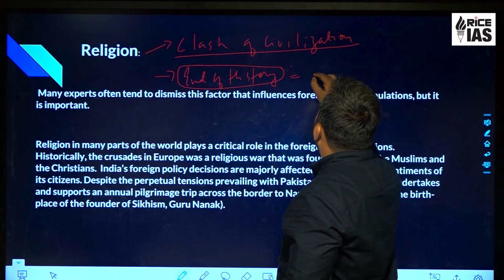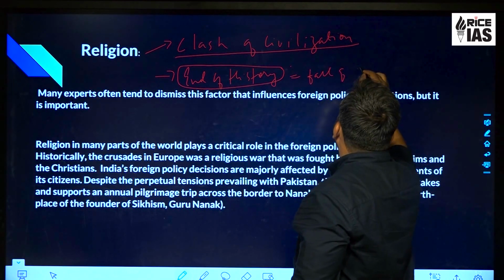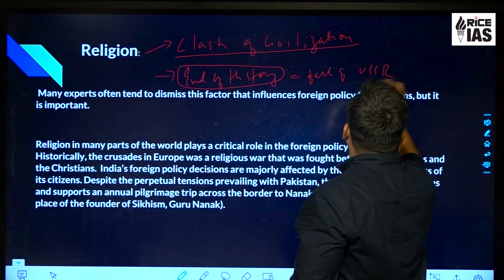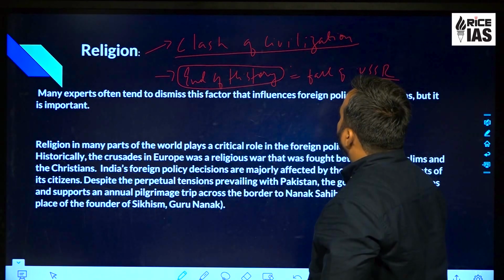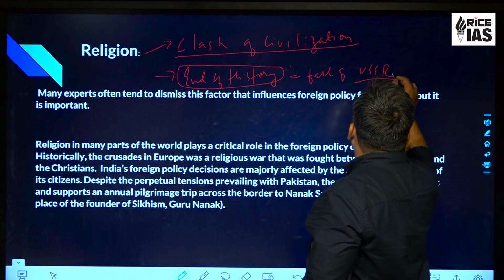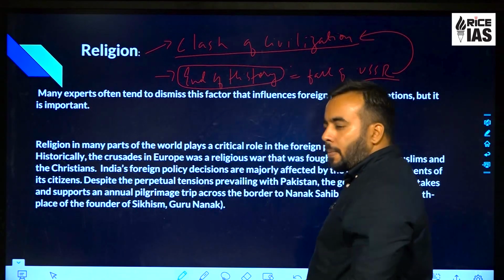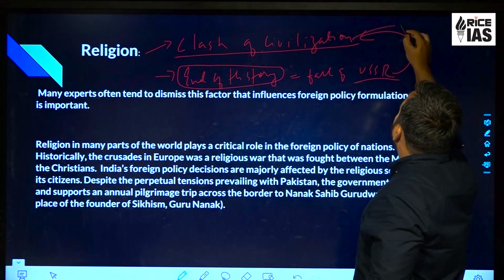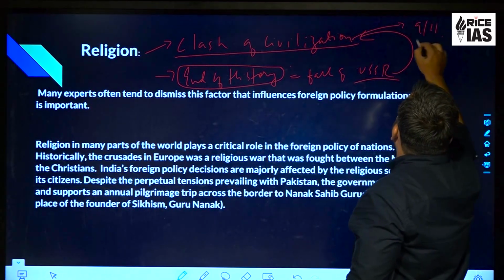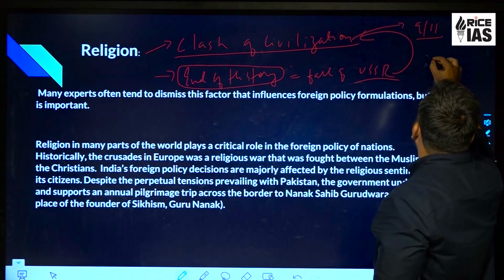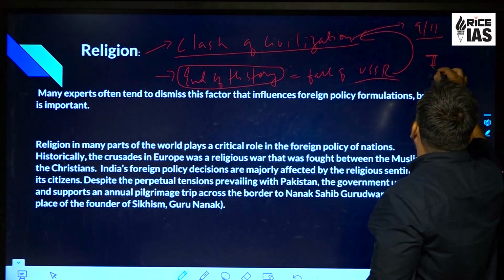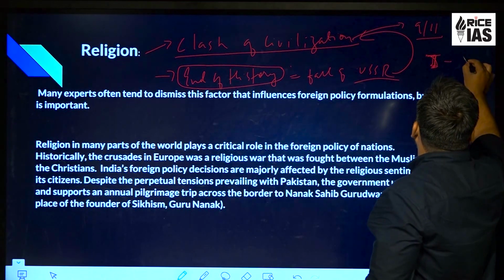After the fall of the USSR, the fall of socialism, we have come to this clash of civilizations, where largely 9/11 has proved that the Islamic world is in constant conflict with the Christian world.